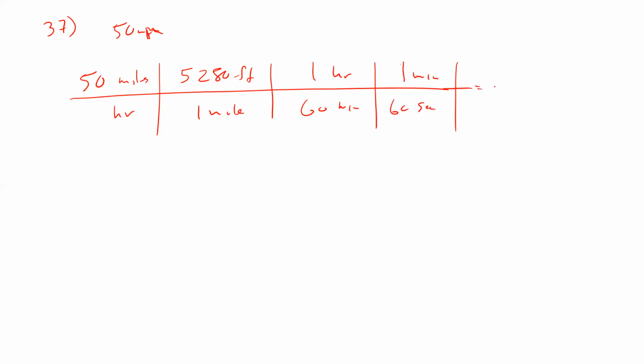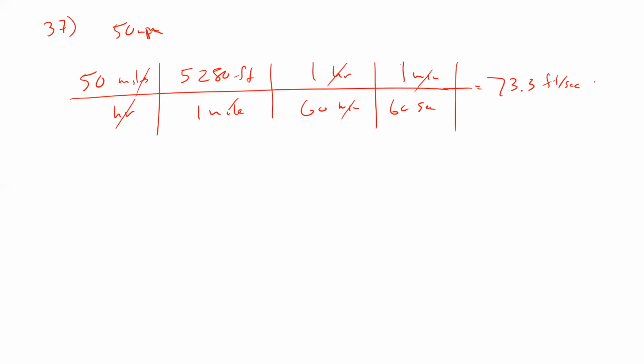I just want to make sure my units are correct here. Anybody on a calculator, give me that, nearest tenth or so: 50 times 5,280 divided by 60 divided by 60. Is it 73.3?